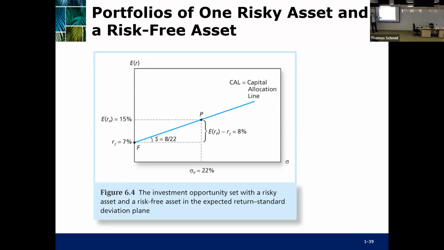If we all live in this very simple two-asset world, this is our capital allocation line, so this applies to all of us. However, each and every one of us will choose a different point on this capital allocation line that maximizes his or her utility.